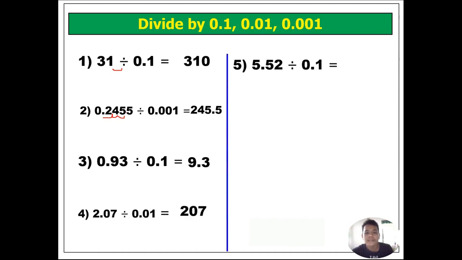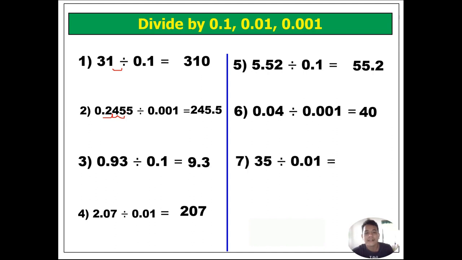Number 5, that is 55 and 2/10. Number 6 is 40. 7, that's 3,500. And 8, that's 910. Do you get all the correct answers? If so, very good.